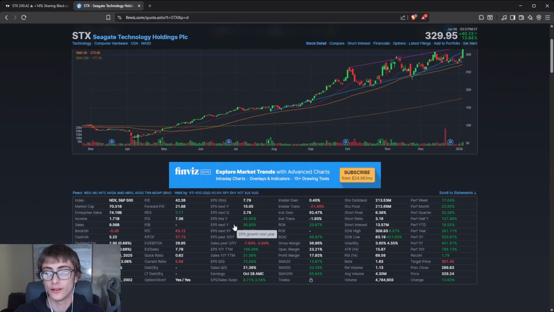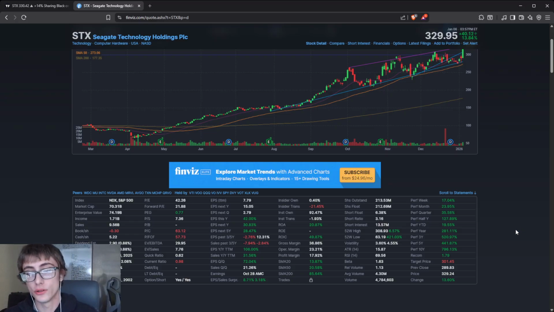Because if next year it's estimated that the company's going to not grow or barely grow or shrink in earnings, that's not a very good thing. That's not a stock that's likely to make a strong move, right? You want positive anticipation in the moment and going forward. So that's important, number 2.